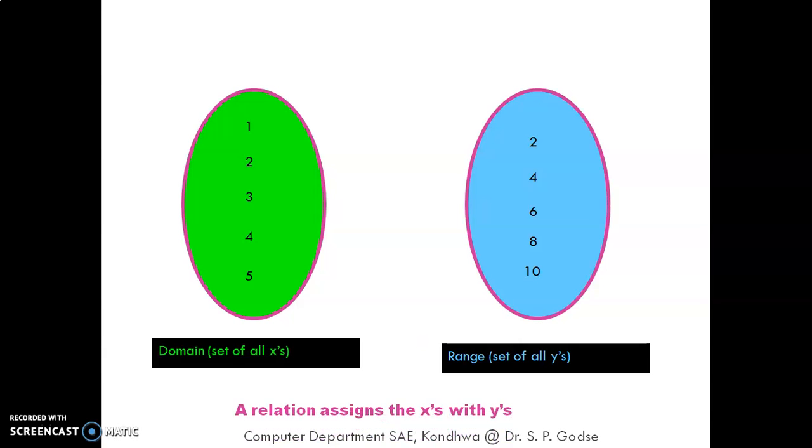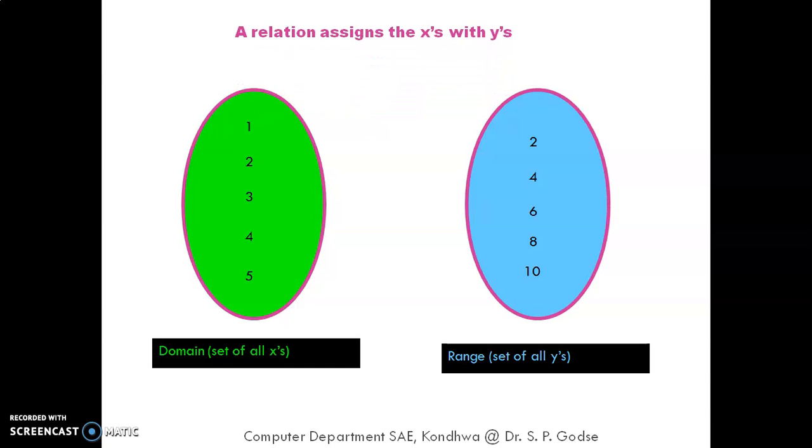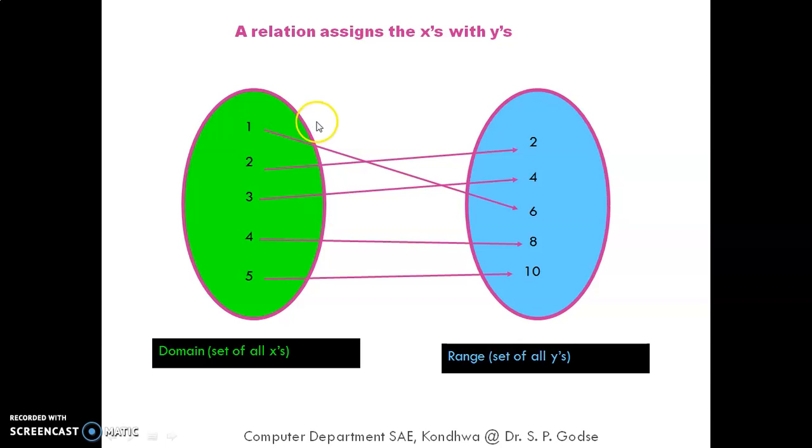Now see a relation represented by a Venn diagram. A relation assigns x with y's. Here you can see that this is the x set A, that is the domain, and this is the range set, which is the output, the set of all y's. After putting the values, for 1 you are getting 6, for 2 the output is 2, for 3 it is 4, for 4 it is 8, and for 5 it is 10.